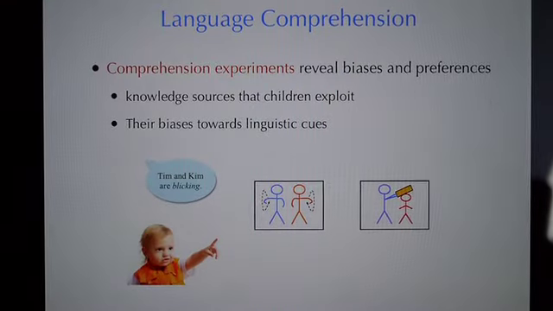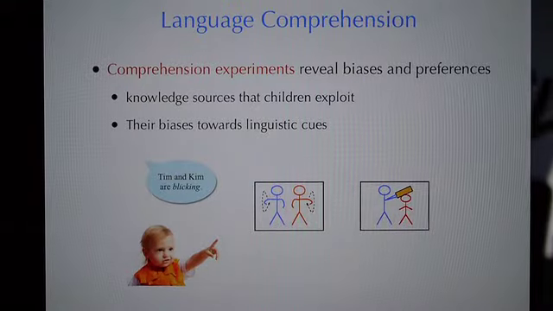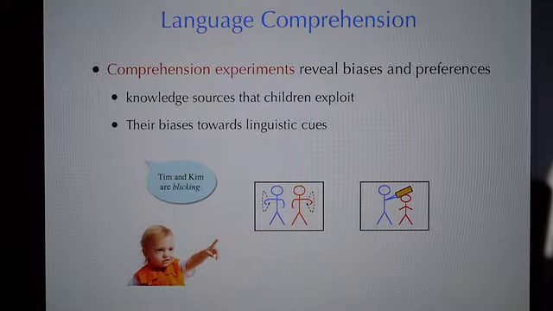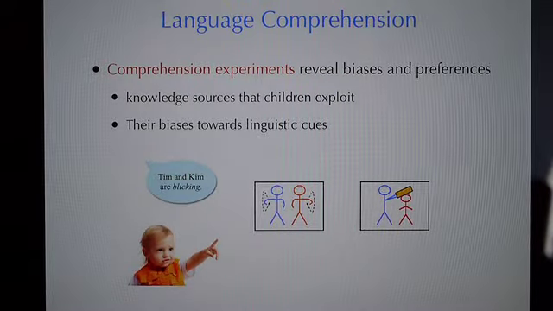For example, in the experiment that I already showed you, if we are modeling this process of understanding a sentence, then our model should also prefer a non-causal interpretation for an intransitive sentence as opposed to a causal interpretation when an agent is doing something to a theme of the event. So that's what we can do. We can try to simulate experiments such as these and then show that our model shows similar preferences to children who are learning a language.